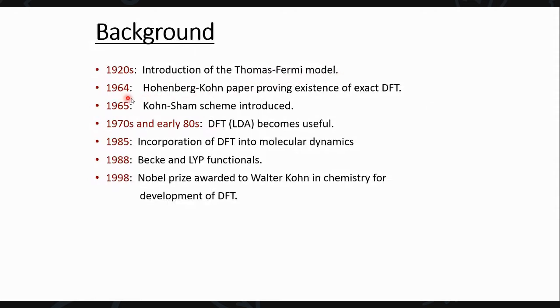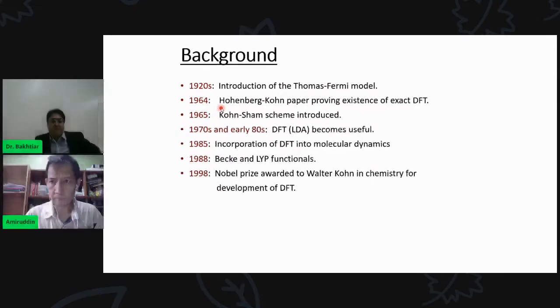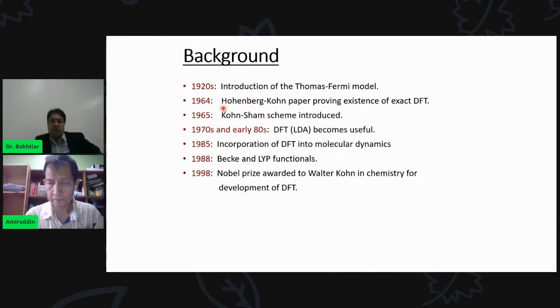Then in 1964, Hohenberg and Kohn developed density functional theory by publishing a paper. In 1965, Kohn and Sham turned DFT into a practical tool by introducing their equations for the solution of the many-body problem.